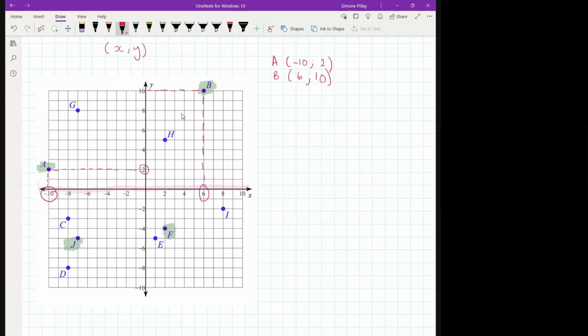Now, if we have a look at C, I kind of want to skip a line, but that's going to get super crowded. So let's leave it for C. What's the last letter here? A, B, C, D, we have E, we have F, we have G, we have H, we have I, we have J, and I'm not seeing a K. Okay.